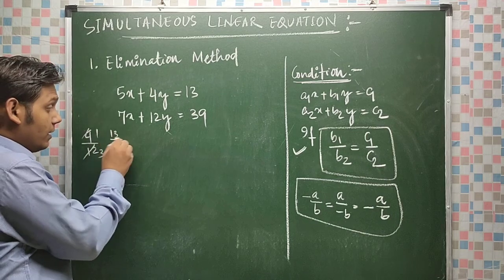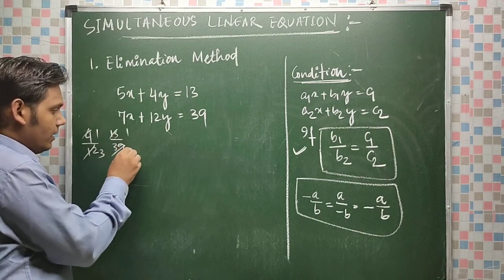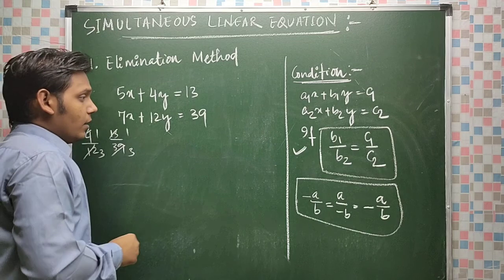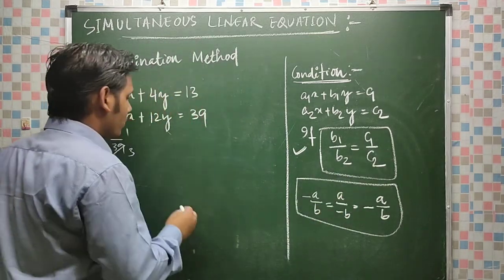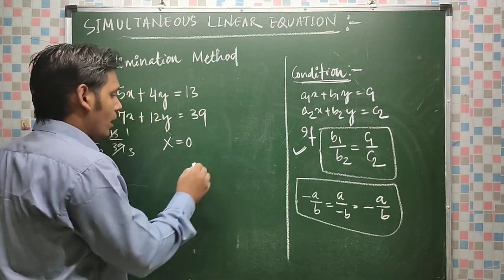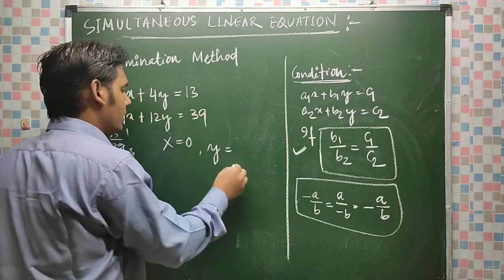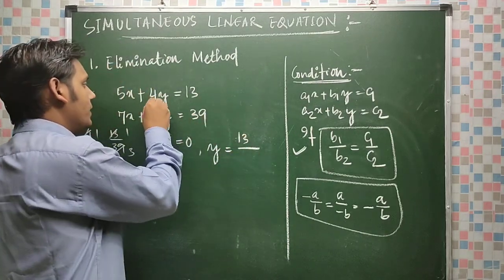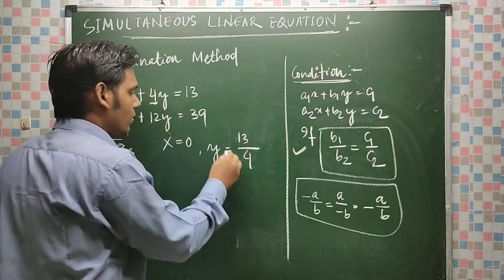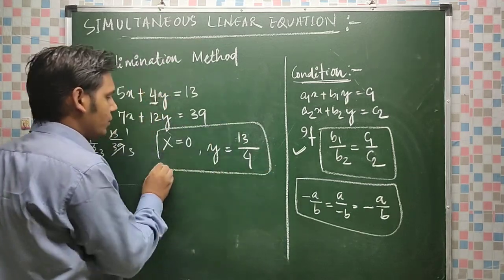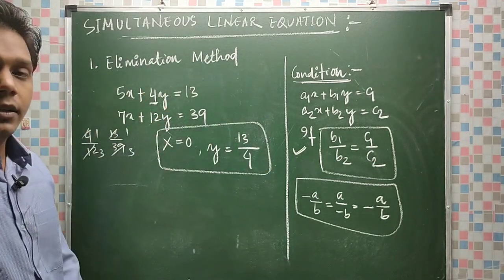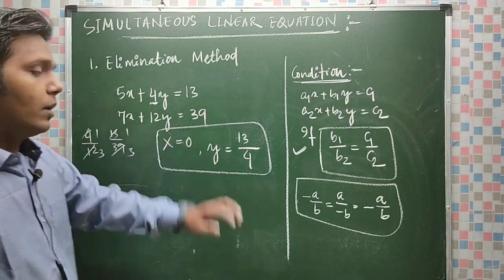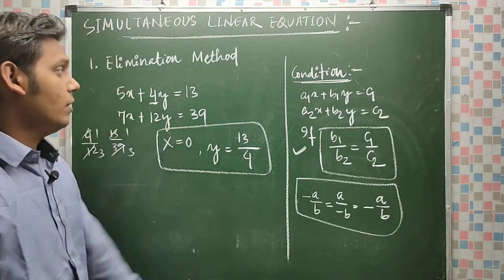Now 13 by 39 is also 1 by 3. That means the ratio of the coefficients is the same. So x is equal to 0 and y is equal to the constant term by the coefficient of y, that is 4. So x is equal to 0, y is equal to 13 by 4. You don't need to solve that much. Directly you can put the value.